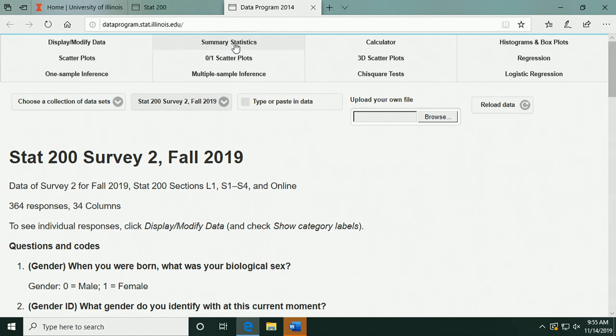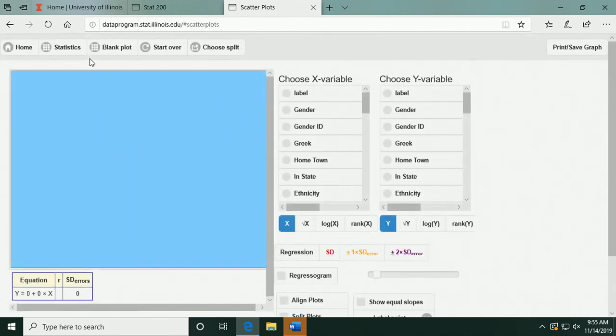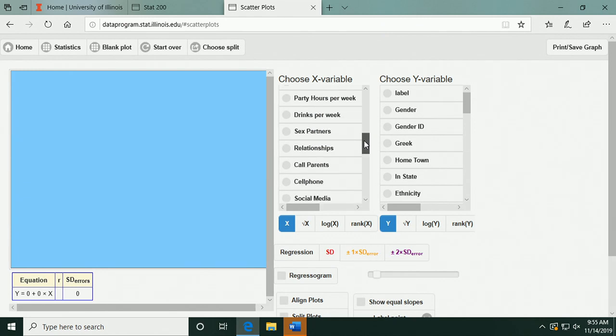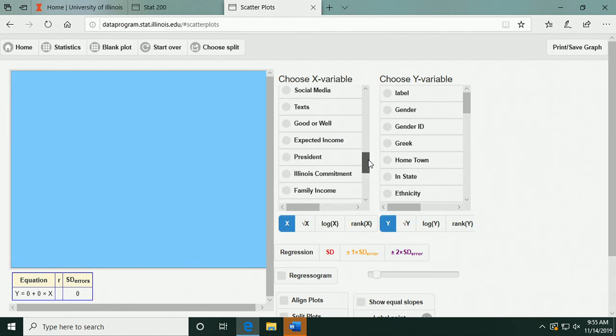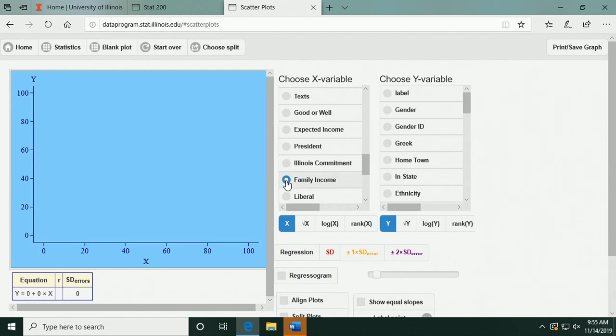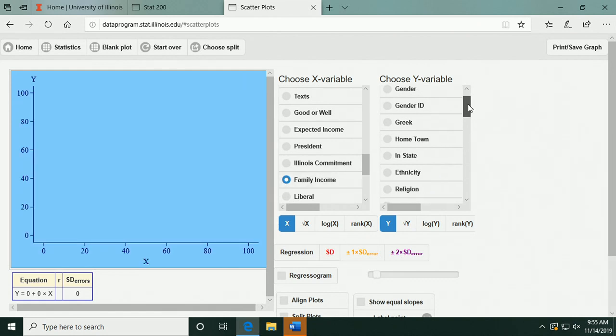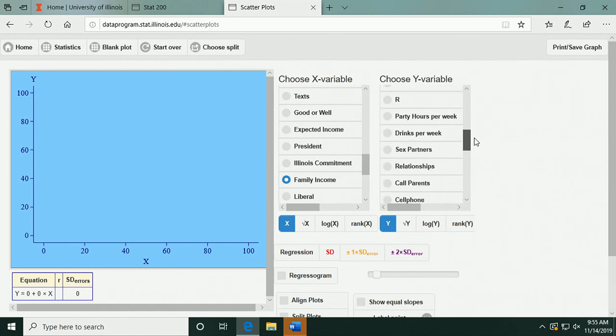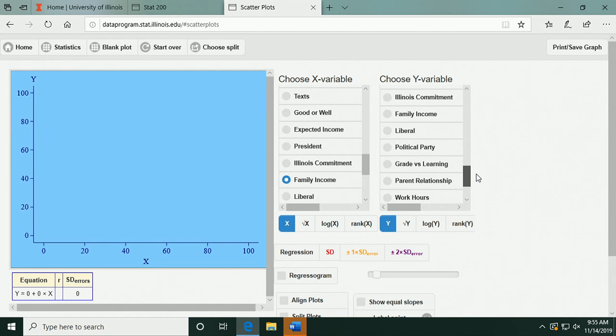So let's go to the scatter plot. For example, I asked family income. So let's put that on the X, family income. And let's put how much you expect to earn 20 years down the road on the Y. So I want to see the relationship between those 2 variables.